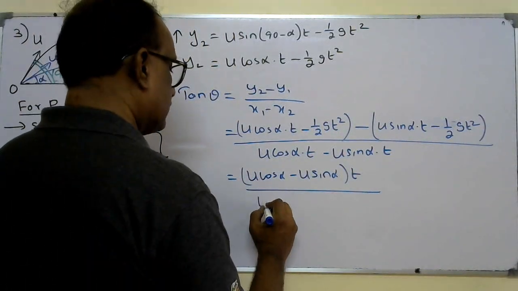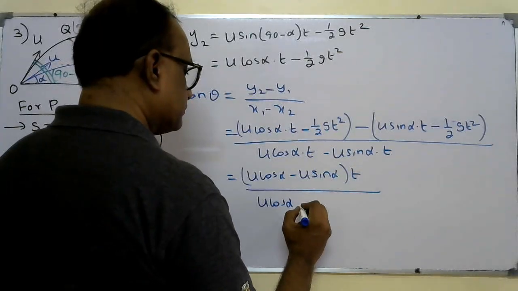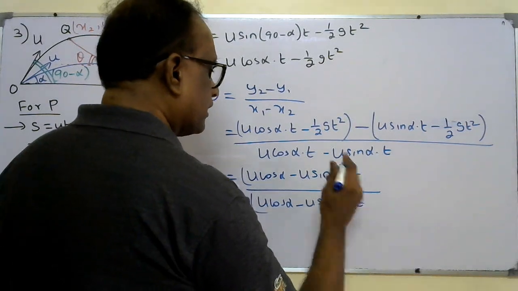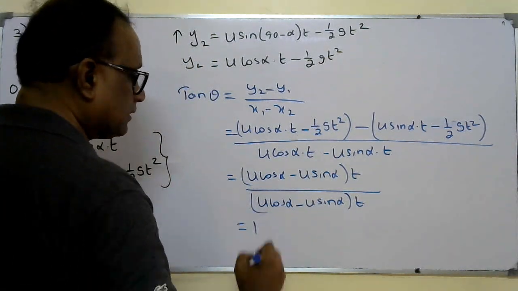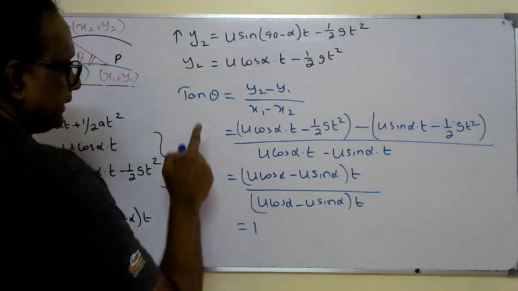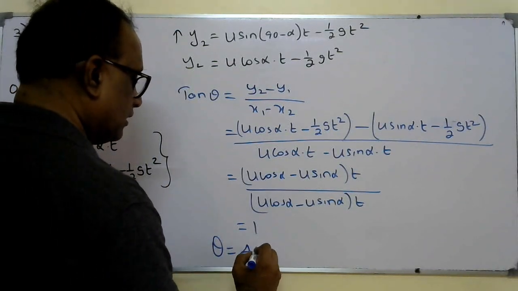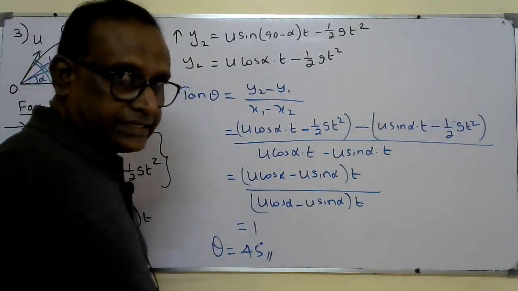Same thing we are getting here. So it's going to be 1; numerator over denominator cancels. So tan theta equals 1, which means theta equals 45 degrees. That's what the question asked us to show.